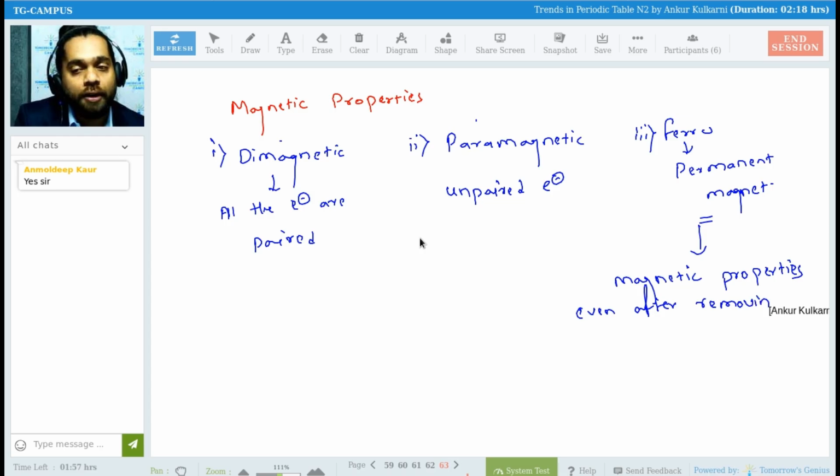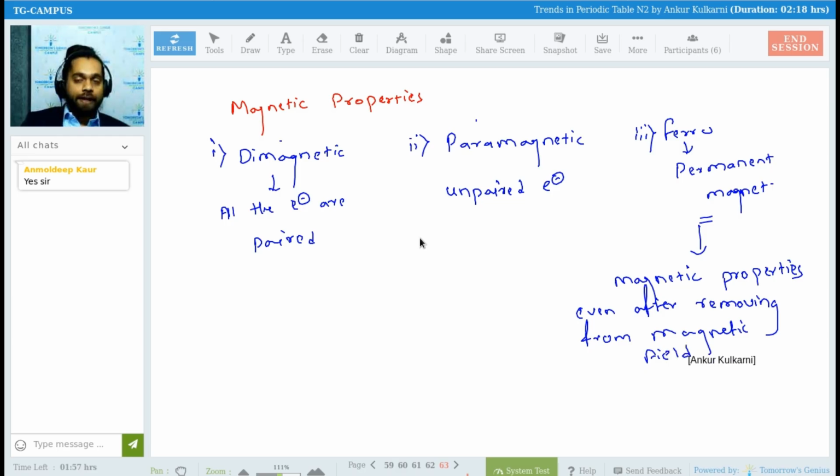I know it is a little bit theoretical, but write it down. That is your ferromagnetic.